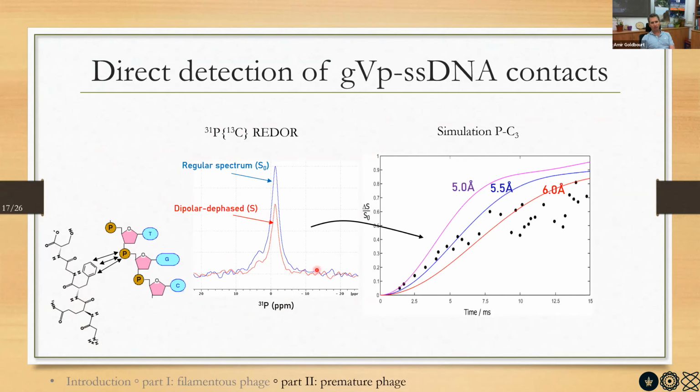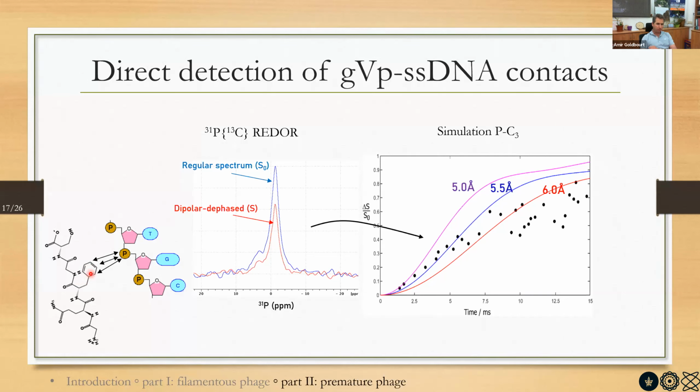And then we can draw the REDOR recoupling curves and fit them to a system with 3 carbons. And this gives you a distance of approximately 5.5 angstrom between the phosphate backbone and 3 carbons on the protein.